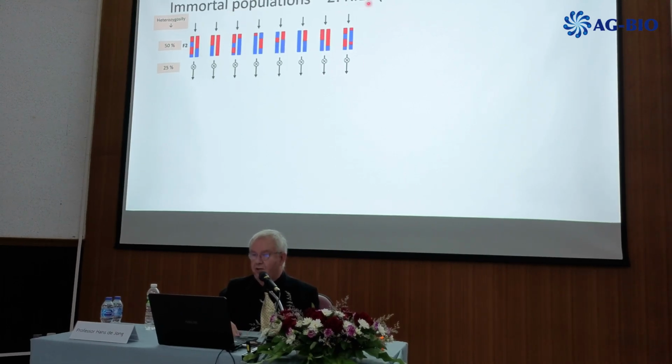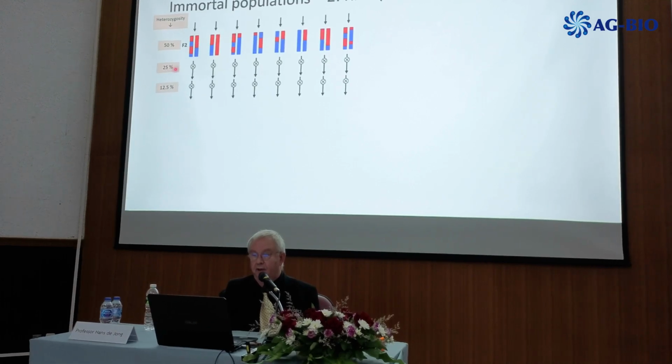The first that I mention are the so-called recombinant inbred lines. How do you obtain recombinant inbred lines? Just think about two slides ago, when you have an F2 population and every plant is selfed. What you see after selfing is that the percentage of heterozygosity goes from 50% down to 25%, or one quarter.